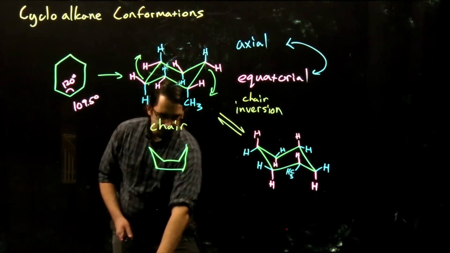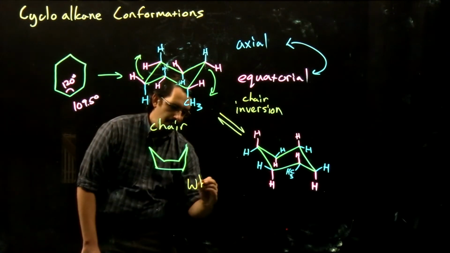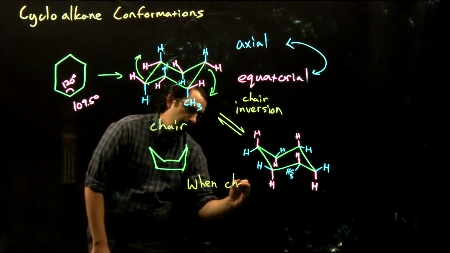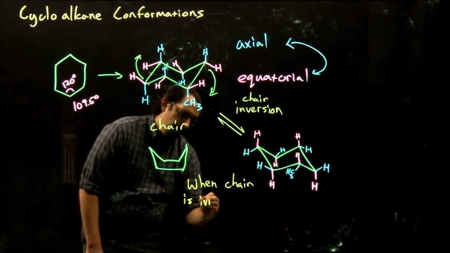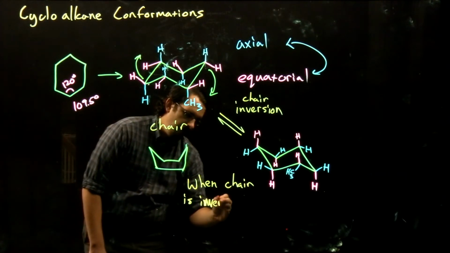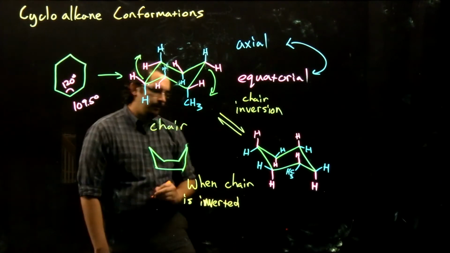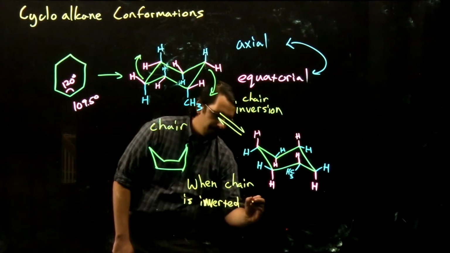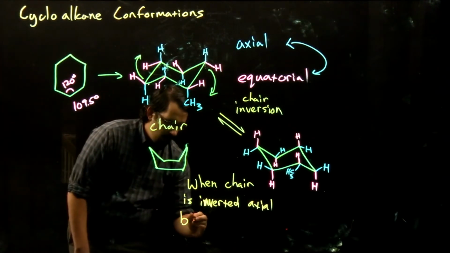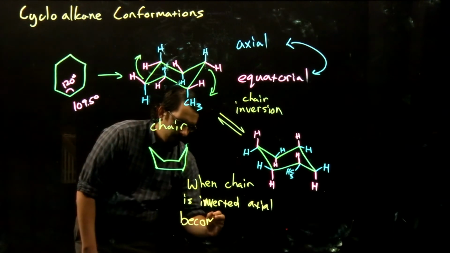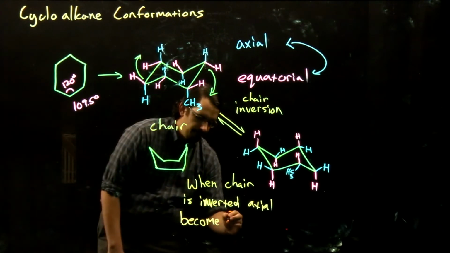So when our chair is inverted, our axial groups become equatorial, and our equatorial groups become axial.